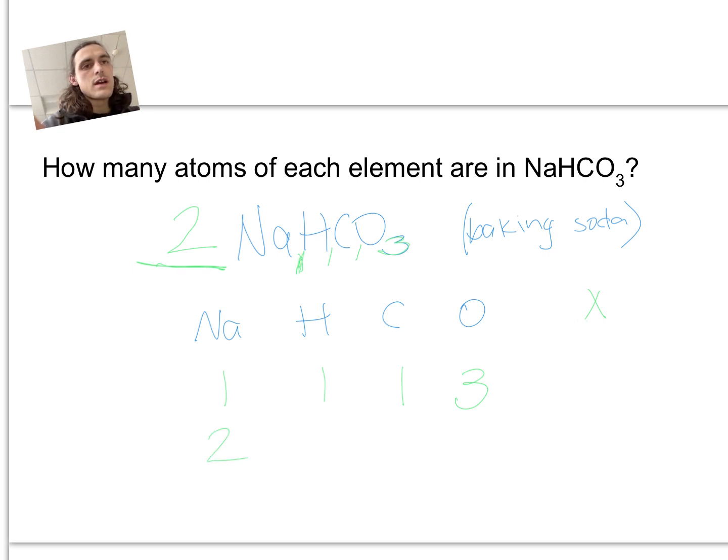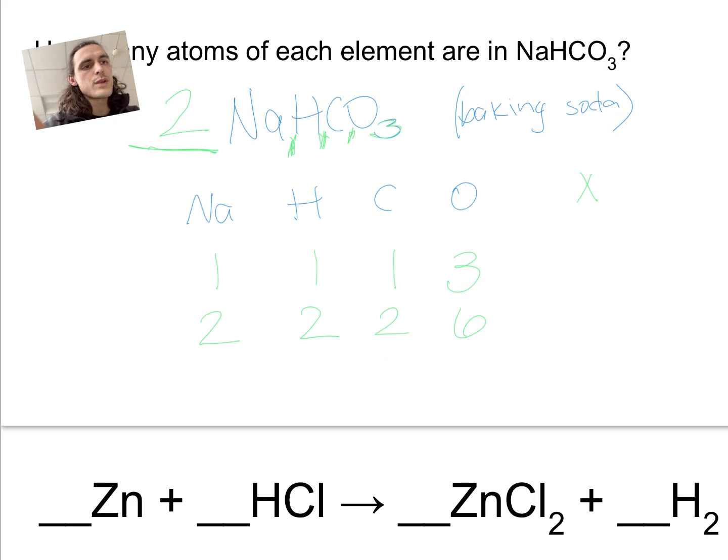I have 2 times my 1 hydrogen, so 2 hydrogen. 2 times my 1 carbon, so 2 carbons. And 2 times 3, I have 6 oxygen. That is in 2 of my molecules or compounds of baking soda. So that's some background information.